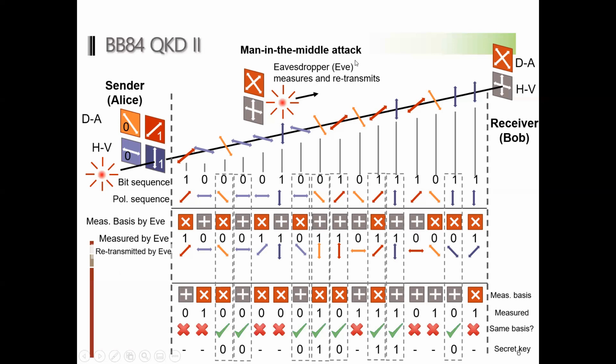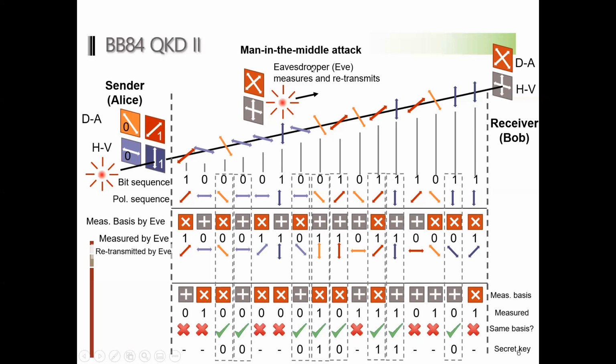This time, when the eavesdropper is here, if Alice and Bob follow the same protocol, they obtain a mismatched secret key. So if Alice and Bob compare these values, they can actually detect whether there was an eavesdropper or not.